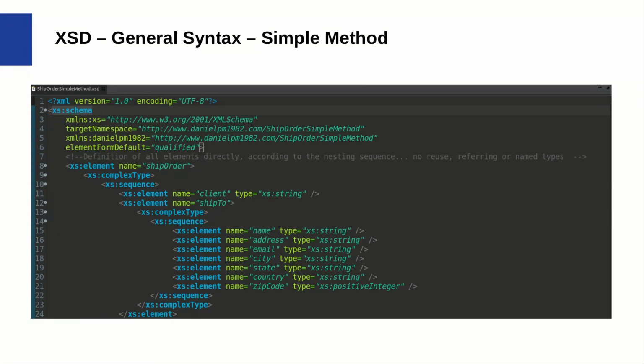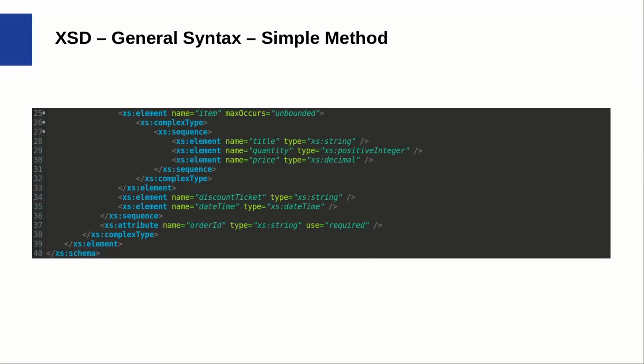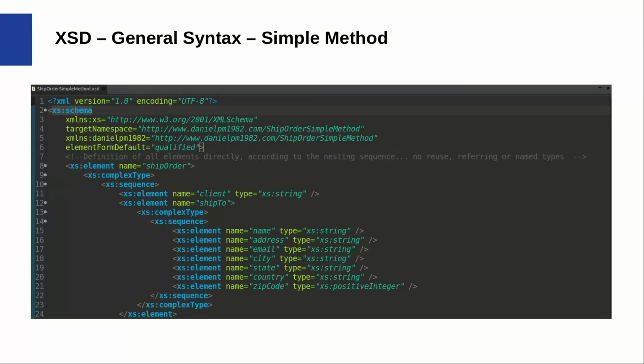So I really don't like this method, but you can use it if you have a simple document or if you find any other reason to use it. But the worst thing here is that you can't reuse anything. You can't declare any other element, type or attribute globally in order to reuse them multiple times. So it's not a good method to choose.